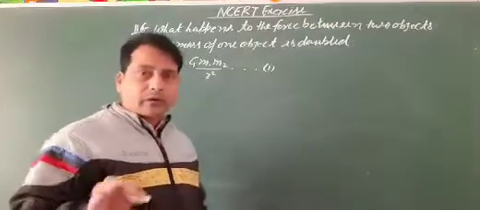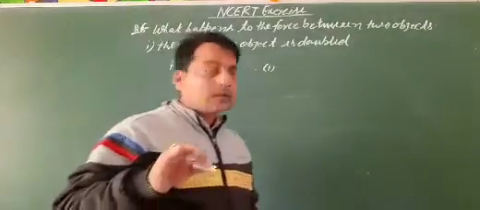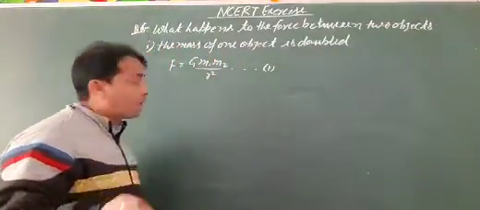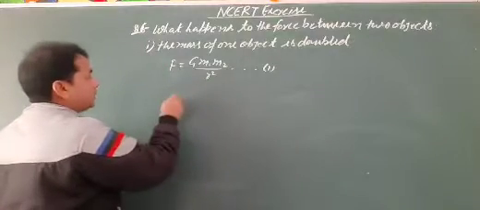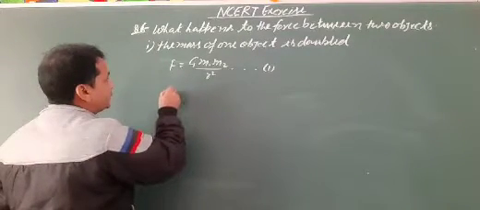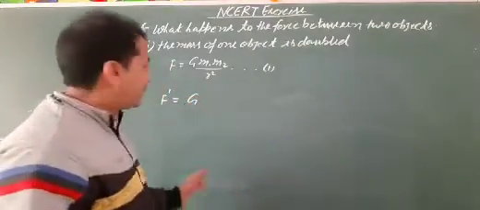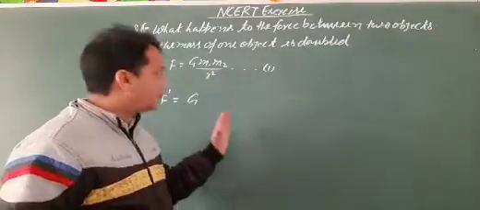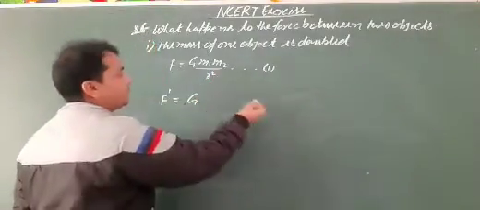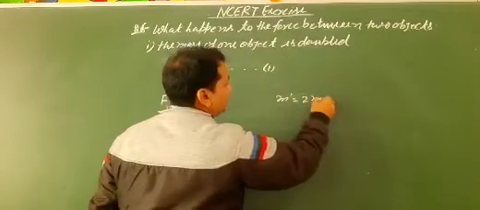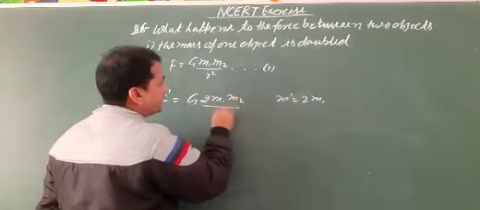In this question, the mass of one object is double, so the other mass remains the same and the first mass is doubled. The new gravitational force, say F dash, equals G times the new mass m dash, which is 2 m1, times m2, by r square.